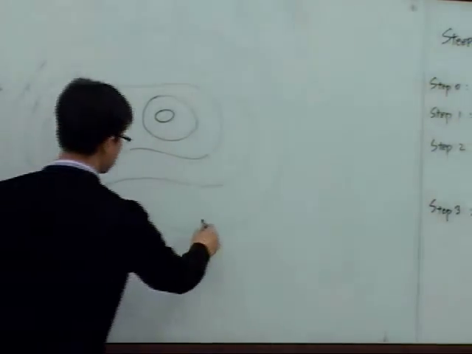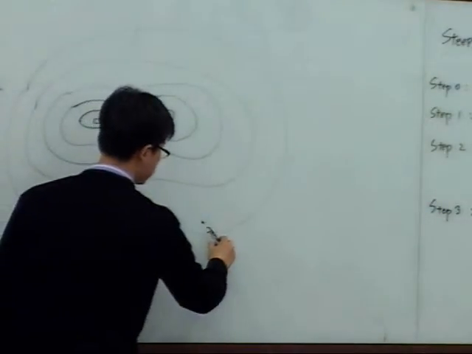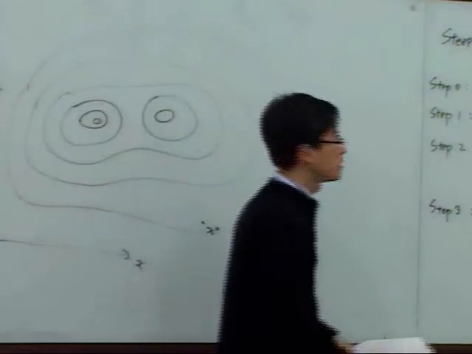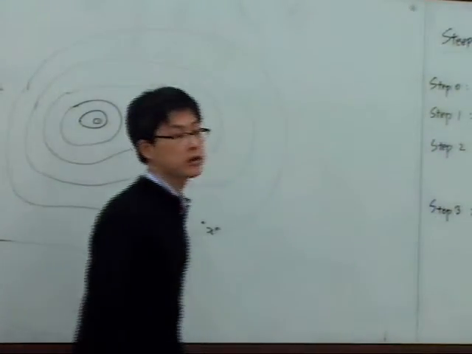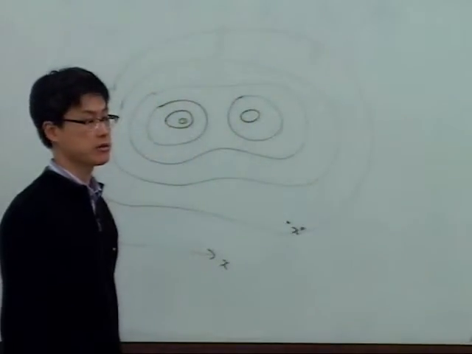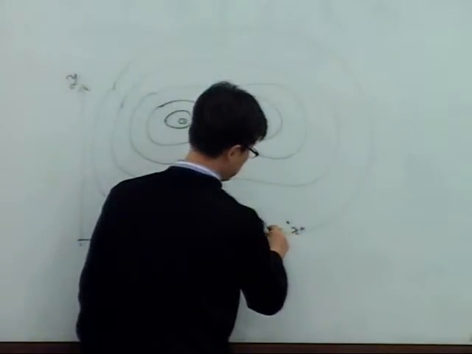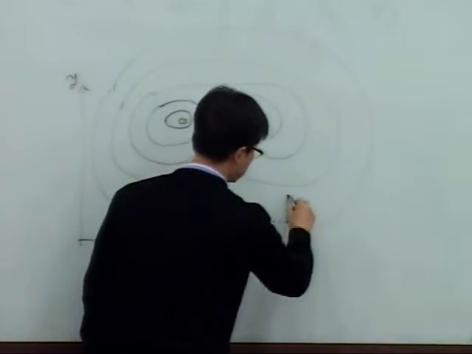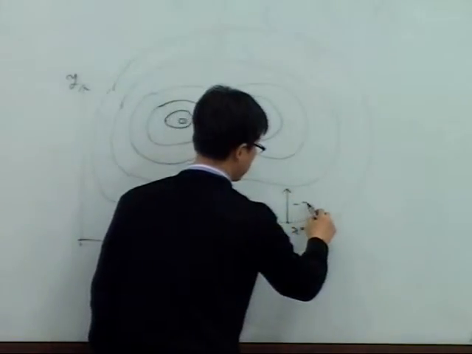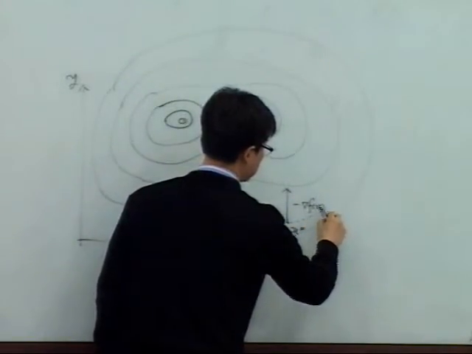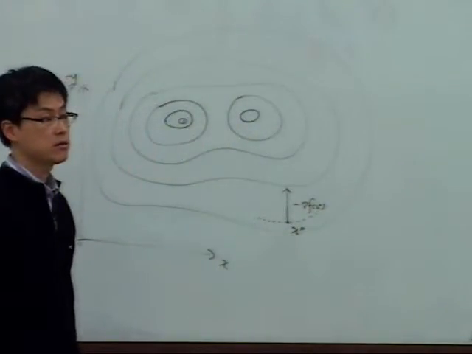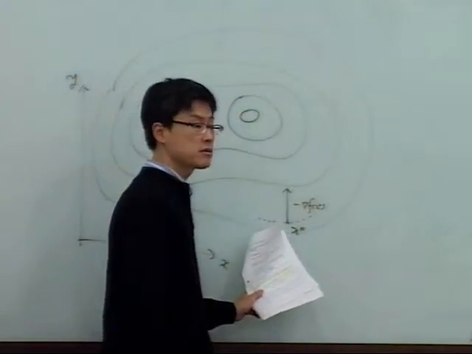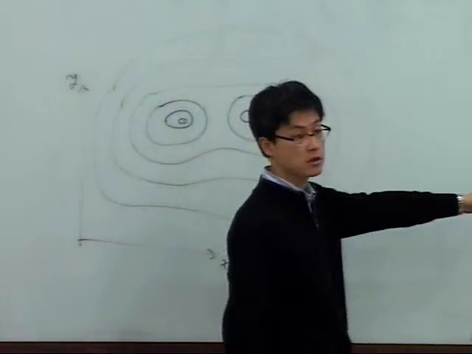So this is my guess, this is x0. Then the next step, I have to calculate the steepest descent direction, which is minus the gradient, since this is the tangent of this contour line. If at this point the gradient is equal to 0, then I have to stop.